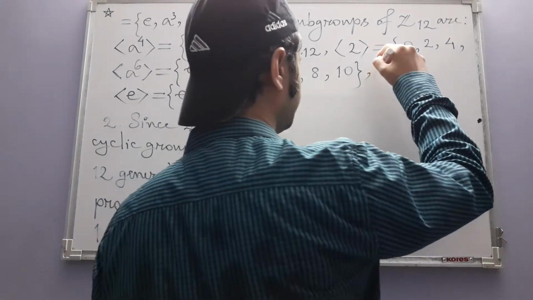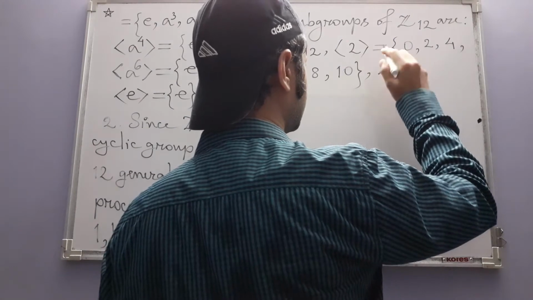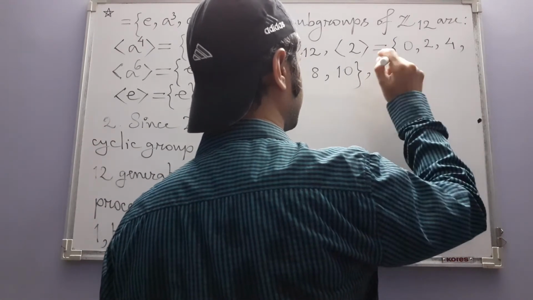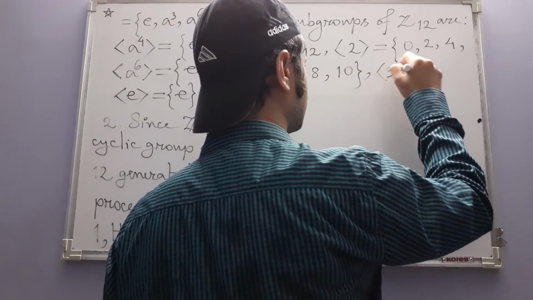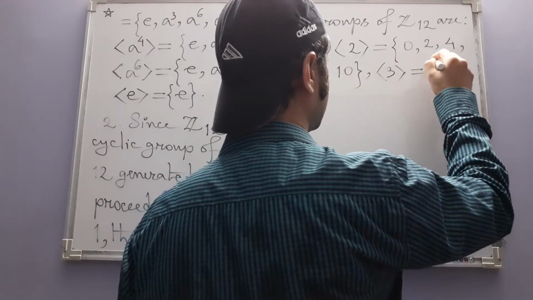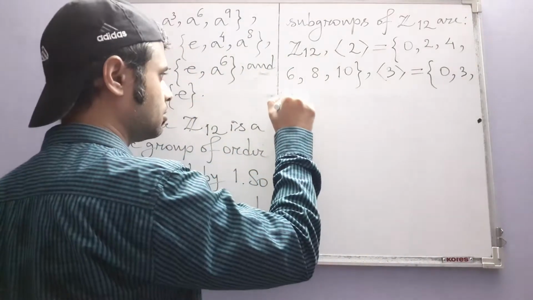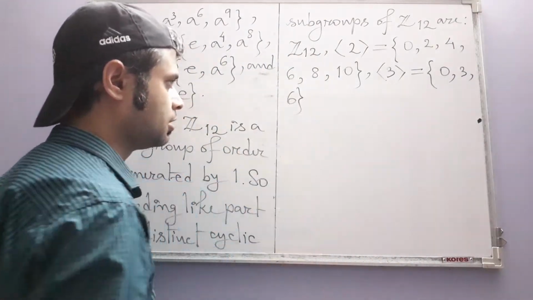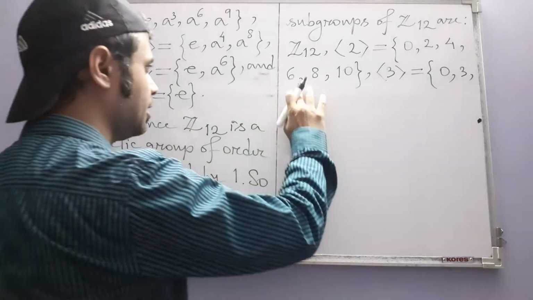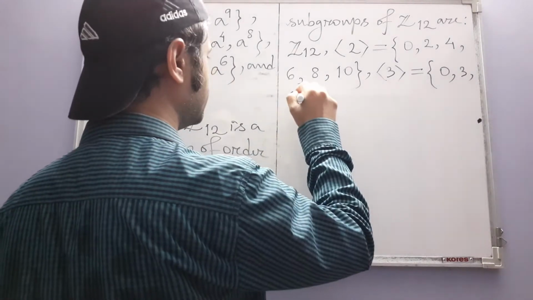So that is why the next one is generated by 3, and this is 0, 3 and 6. Oh, I think we have one more, 9 is also there.